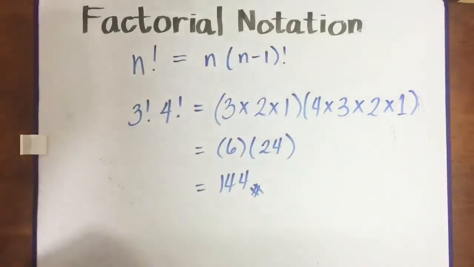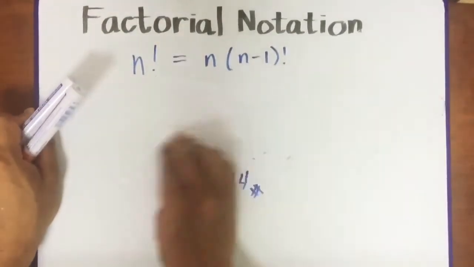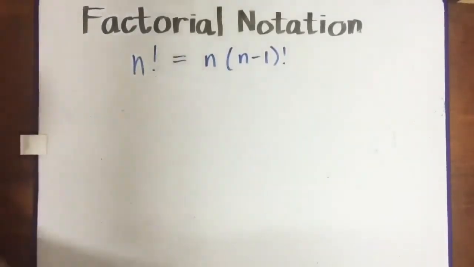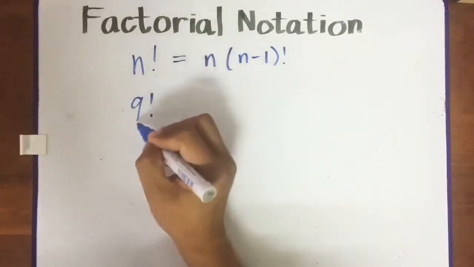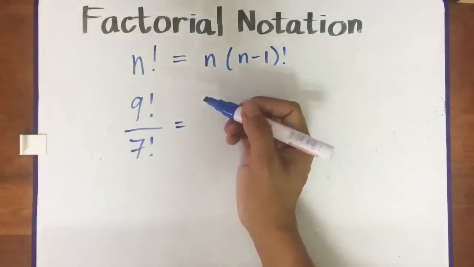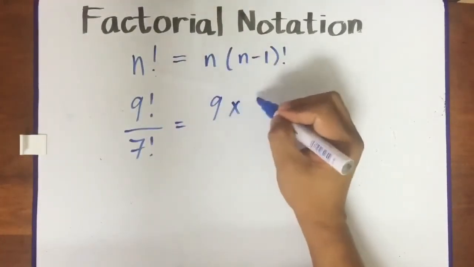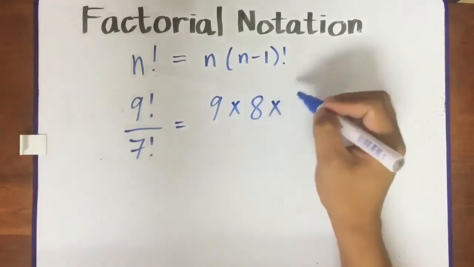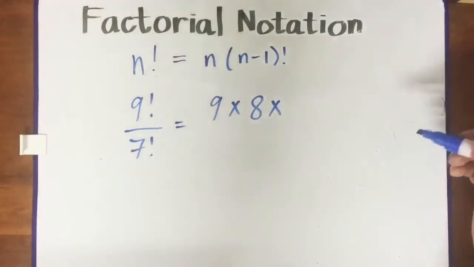Now let's go to division of factorials. Okay, if for example you are dividing, there are some shortcuts that you can do. For example, 9 factorial over 7 factorial. Okay, 9 factorial, remember, can be written as 9 times 8 times 7 times 6 times 5 times 4 times 3 times 2 times 1.